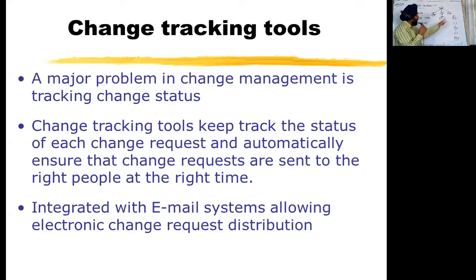We have to keep proper track of where M1 is, and see that wherever it resides, the changes have been brought into all those documents and all those modules. So this has to be taken care of and a proper tracking system has to be there.